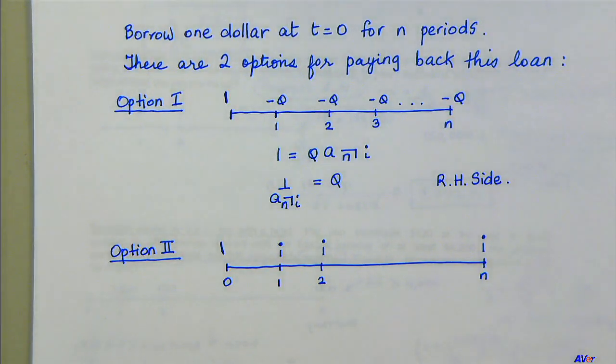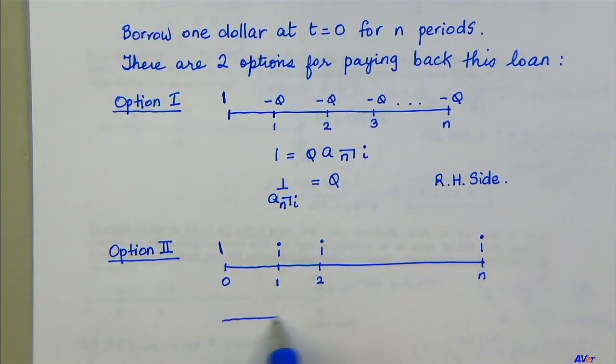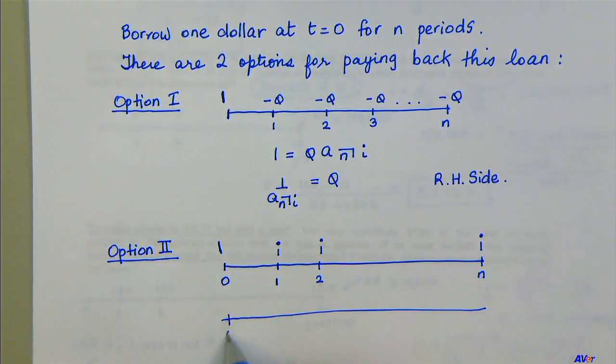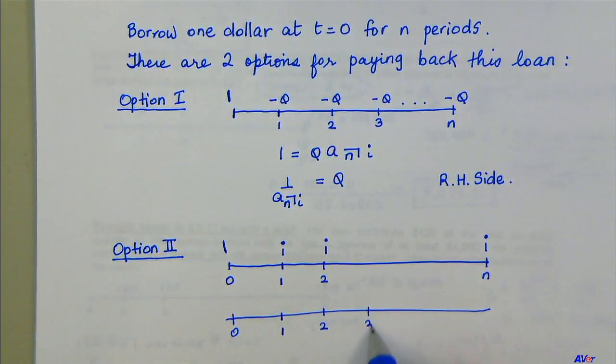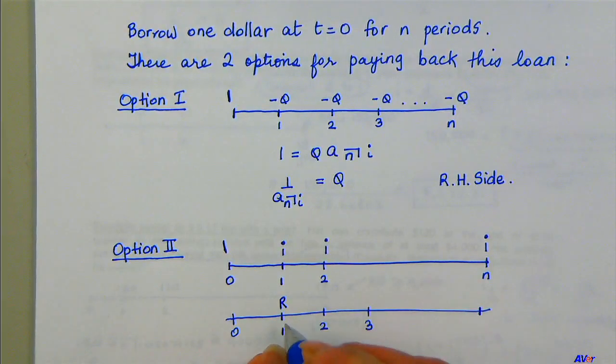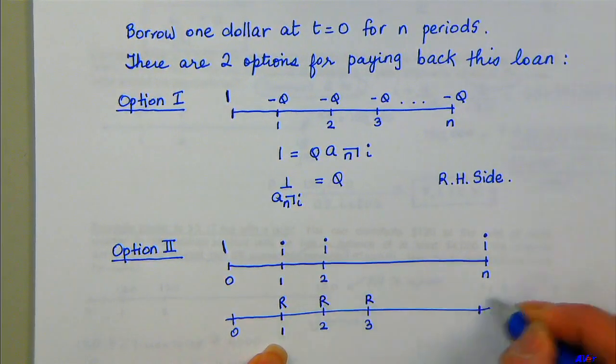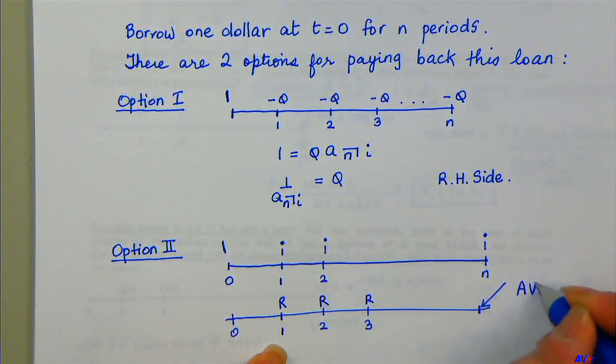At time n. So not only will you pay i every year, but starting at time 1, time 2, time 3, you will pay some R into your own savings account such that these R's accumulated value equals 1.